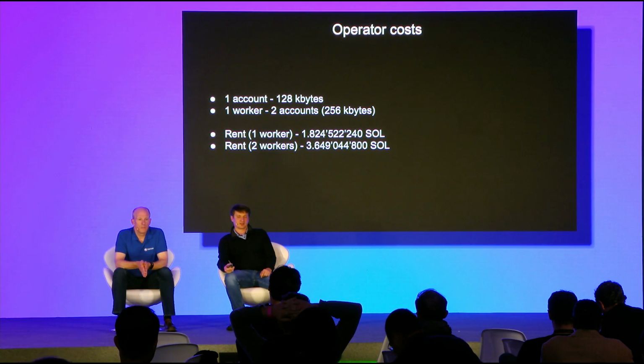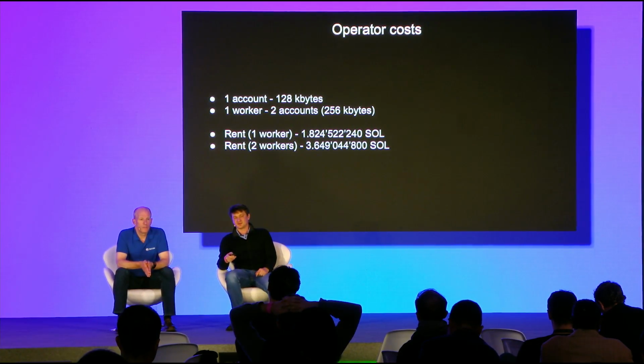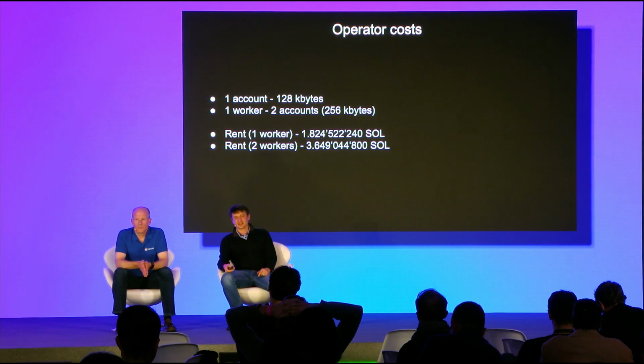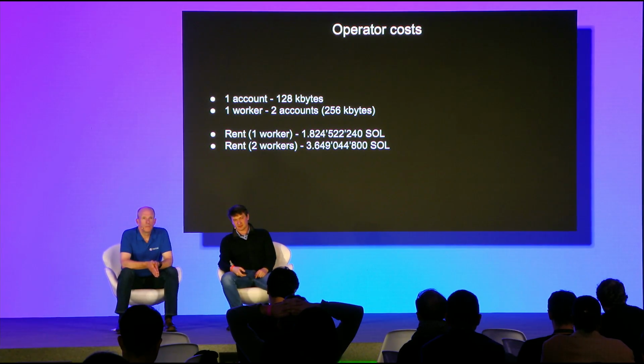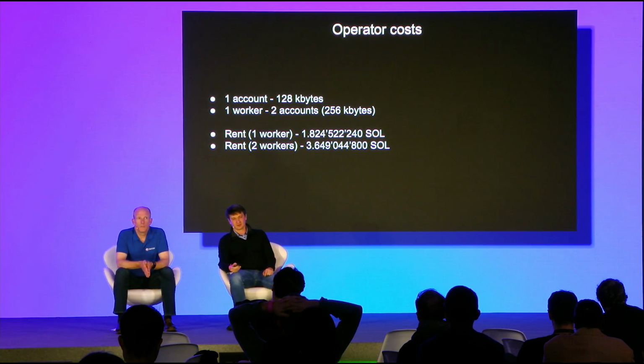So this is the price of these accounts, but these SOL can be returned back to the operator when he wants to shut down his proxy. So it's only a reserved price.